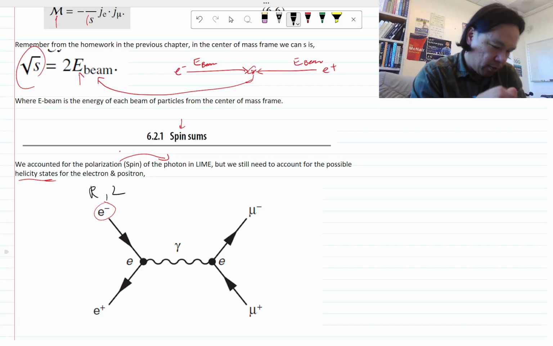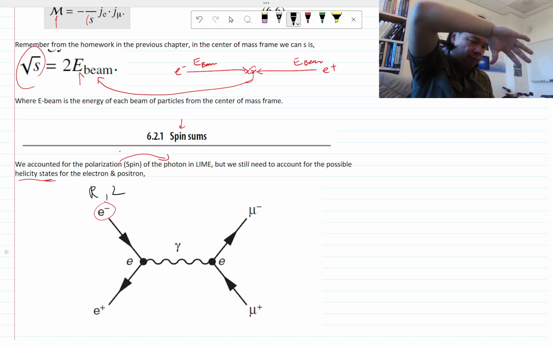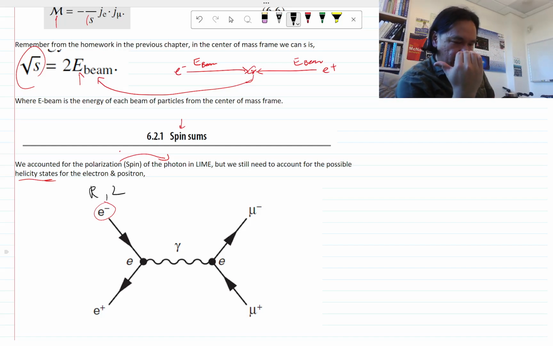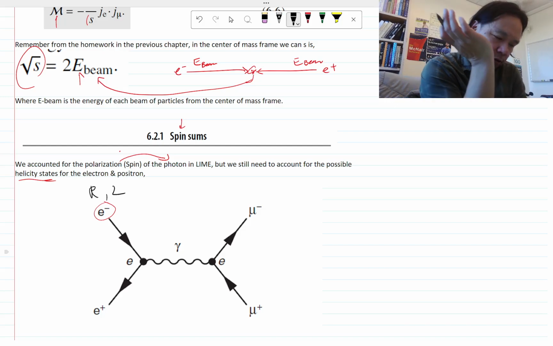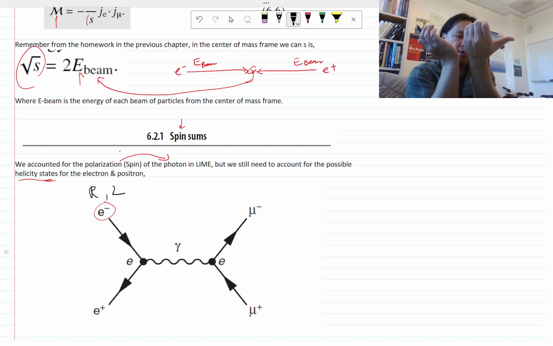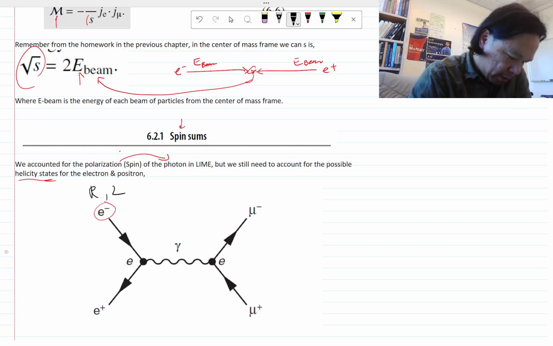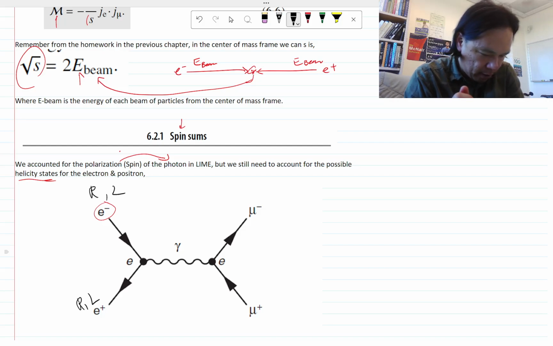Remember, right-handed helicity is where if you follow the direction of the momentum, your hand curves in the same direction if you're using your right hand, but with your left hand, it'll curve in the opposite direction. Similarly, this anti-electron can also be right-handed or left-handed.